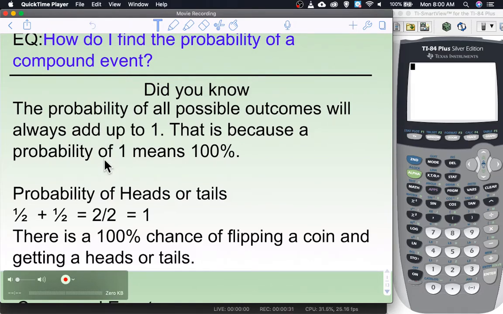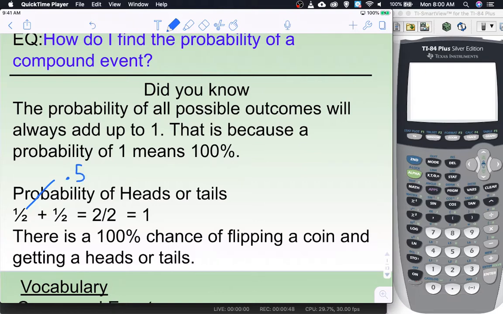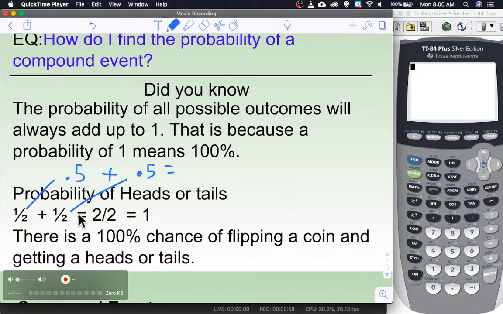That's because the probability of 1 means 100%. So like the probability of getting a heads or a tails when you flip a coin. Well, you think, yeah, that's guaranteed to be a heads or a tails. Well, there's a 1/2 chance of getting heads, which is 0.5 as a decimal. There's a 1/2 chance of getting tails, which is also 0.5. If you add those together, as a fraction, 1/2 plus 1/2 is 1.